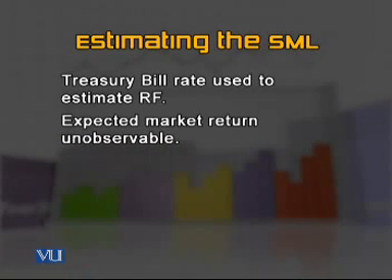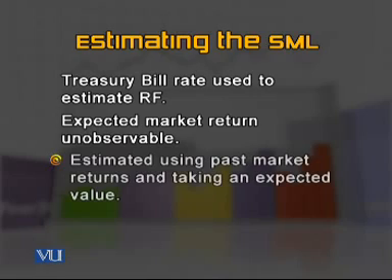So when talking about expected market return relationships which are unobservable, we estimate it using past market returns. We have to take into account what has been happening in the past, and that will give you an inkling of what lies in the future, and then you're going to be talking about taking an expected value based on previous data.